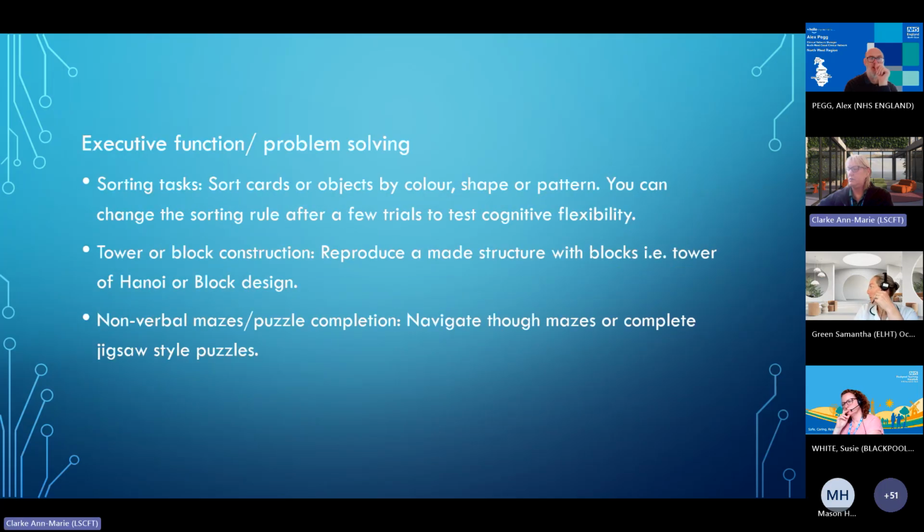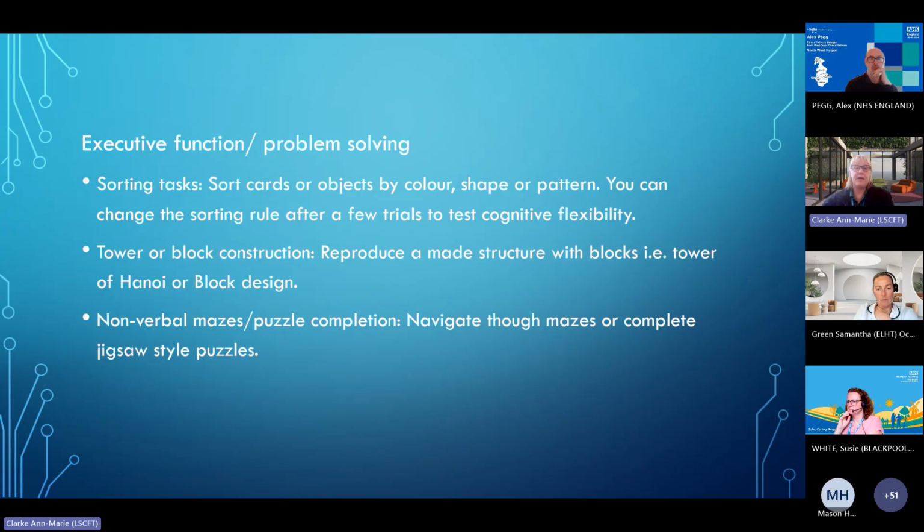Executive function and memory difficulties. So sorting cards or objects by colours, shapes and patterns. Changing the rule part way through to see if they've got that rule shift and cognitive flexibility. With people who are a little bit higher level cognitively, doing block things such as the Tower of Hanoi, which obviously is quite difficult, or block design.